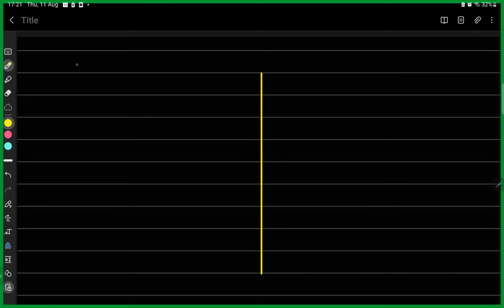So here we have a linear equation, and this is basically a linear inequality.